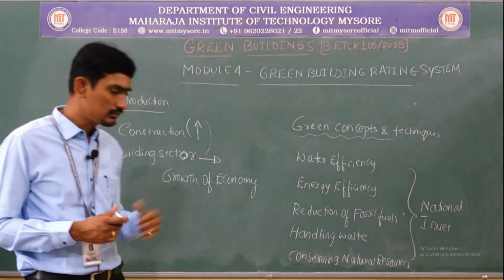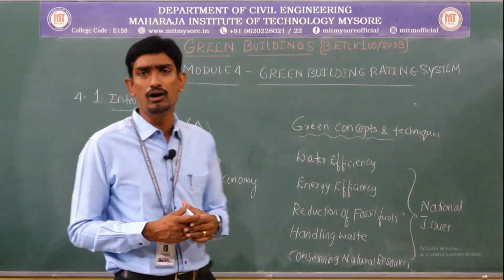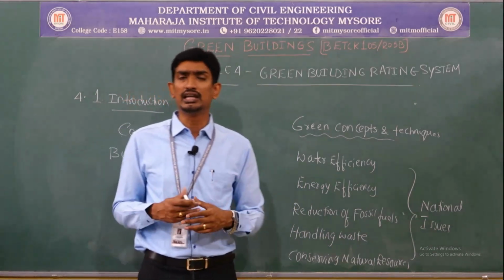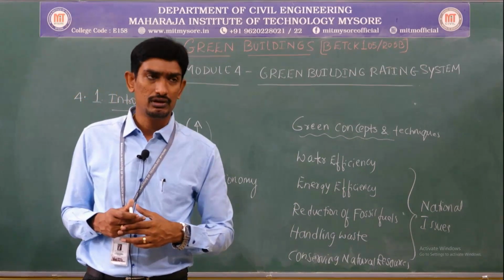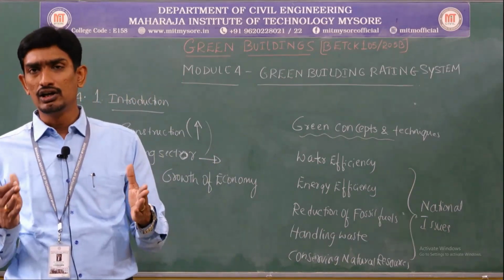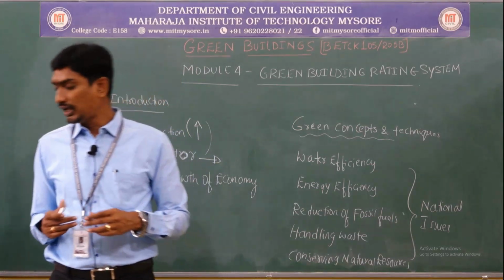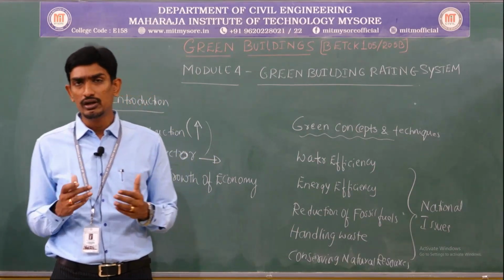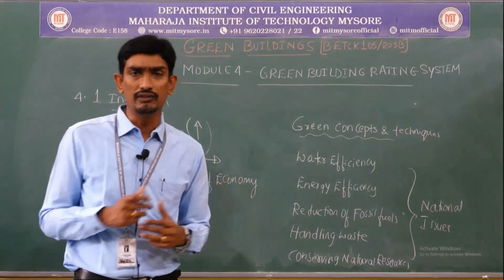Next, handling waste. This is a very, very important criterion. In households, we generate various types of waste. In common language, we say dry waste and wet waste. But technically, we generate waste in bathrooms, in kitchens, and in other areas.